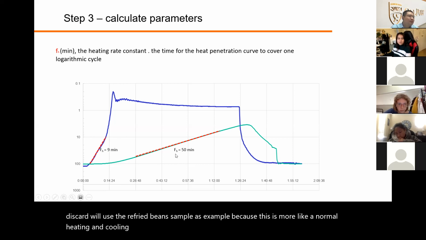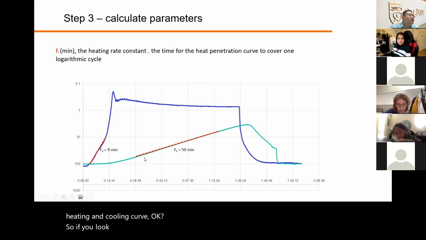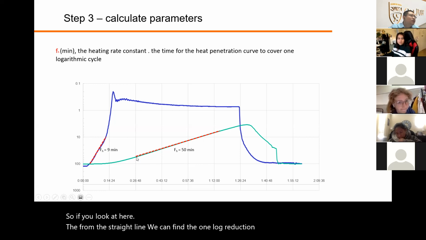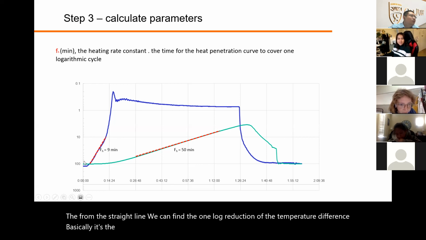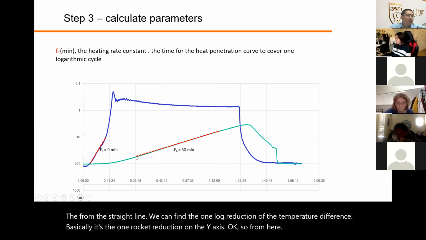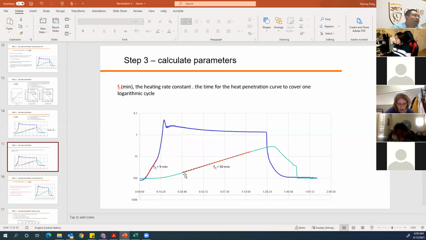If you look here, from the straight line we can find the one log reduction of the temperature difference. Basically, it's the one log reduction on the y-axis.